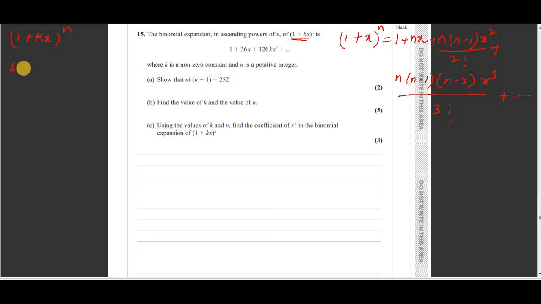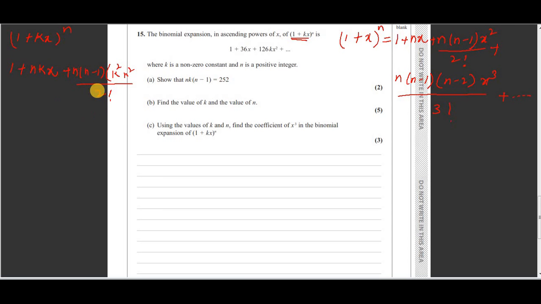So 1 plus nkx plus n(n minus 1) k squared x squared upon 2 factorial.